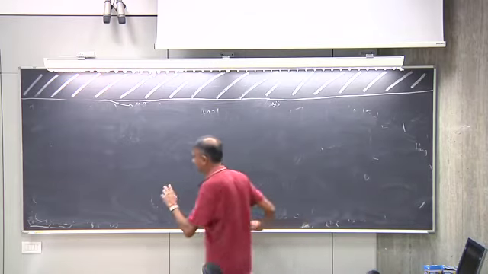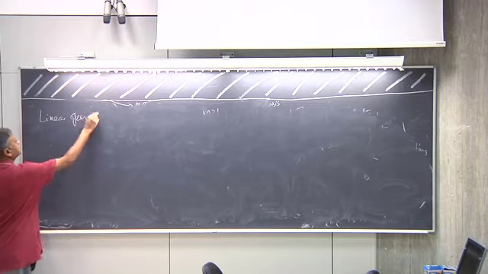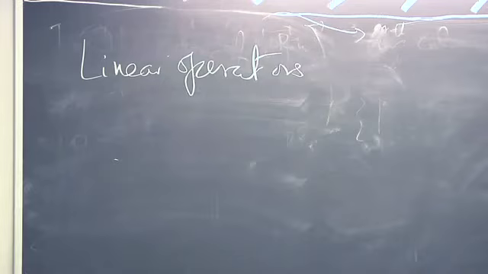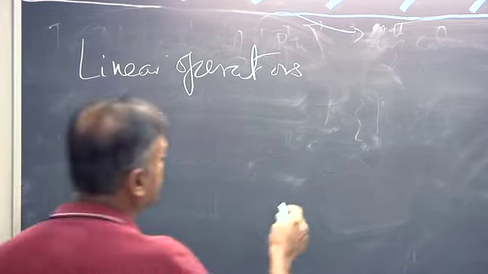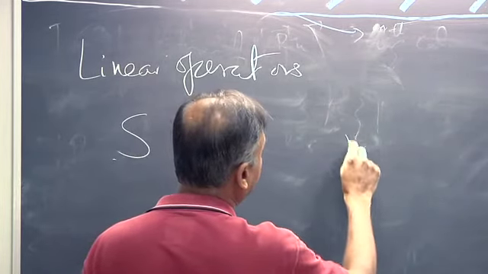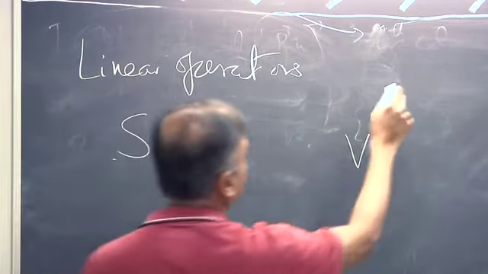I will just define it, and I will just stop after that. So the notion of linear operators. Well, we have already seen an example of this. So let me define it more generally. Let's say S is a vector space, and V is another vector space. So S and V are vector spaces.